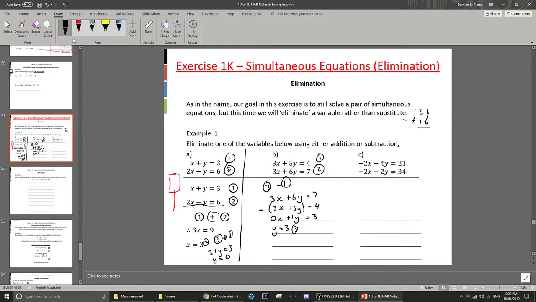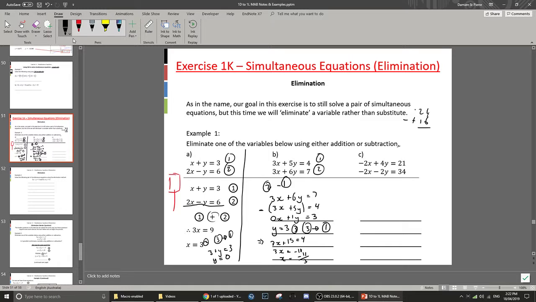I'm going to call this 3 and go 3 into 1, to get 3x plus 5 times our 3, which is 15, equals 4, so 3x equals negative 11, x is 2, negative 11.